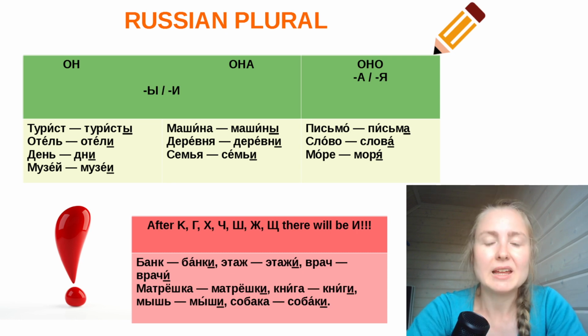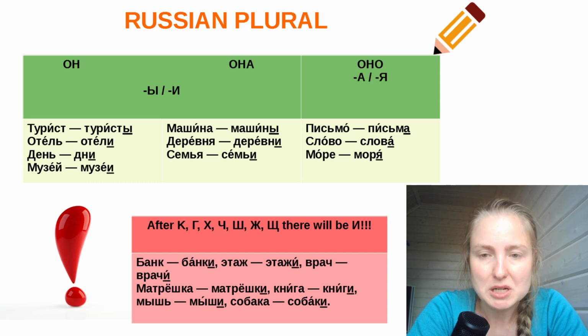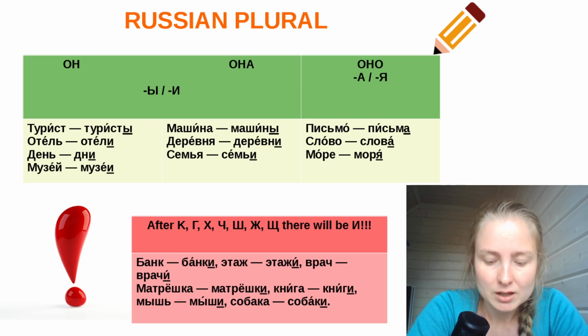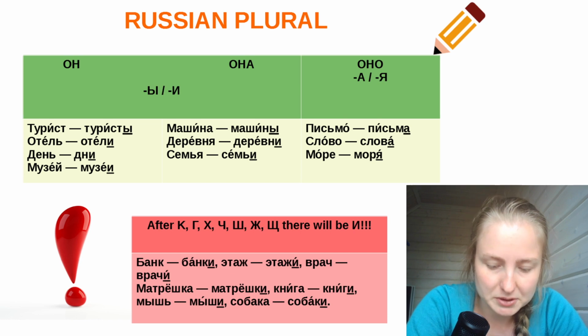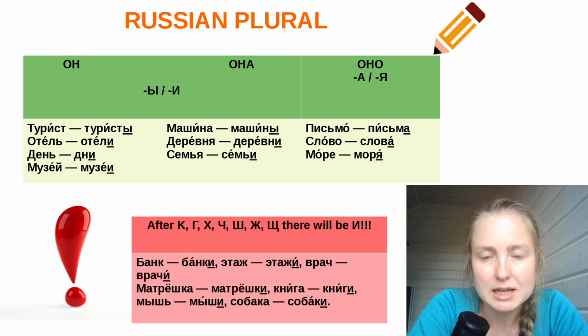Okay. Now let's talk about feminine words. It's in the middle, она. So let's look at the third examples first. If the word ends in я, like деревня и семья, ending я we need to replace by ending и.